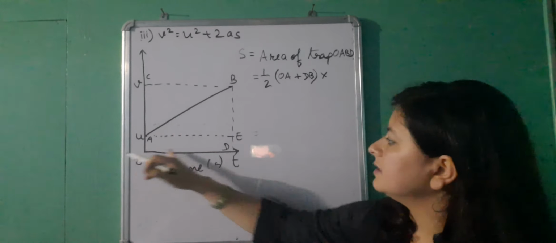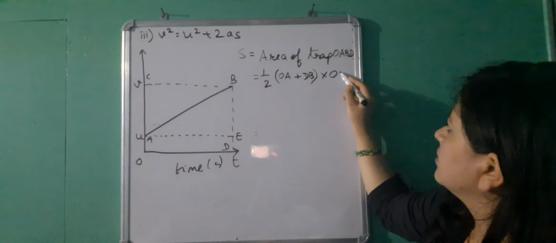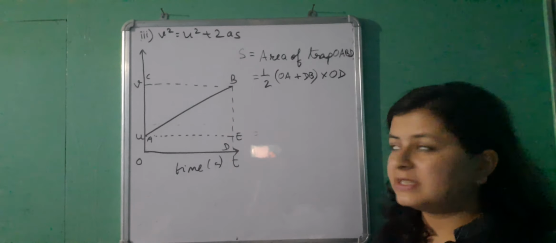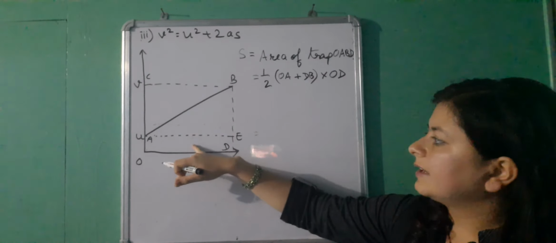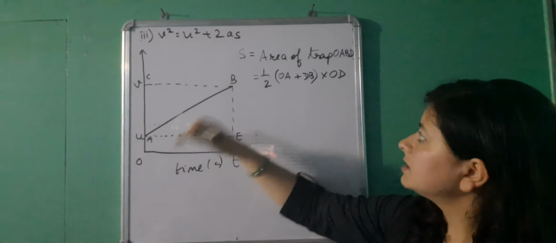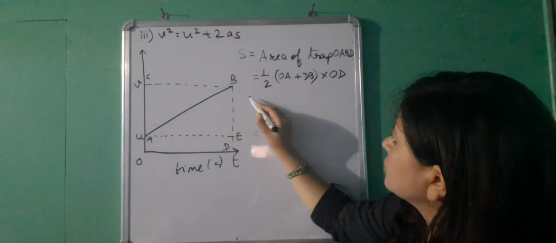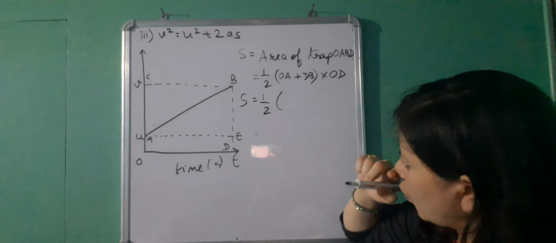In our case, it is equal to AE, or we can simply write OD. So this is the direct formula to calculate the area of a trapezium. We can divide this into a triangle and a rectangle, then add up the areas, but we can use this formula as well.